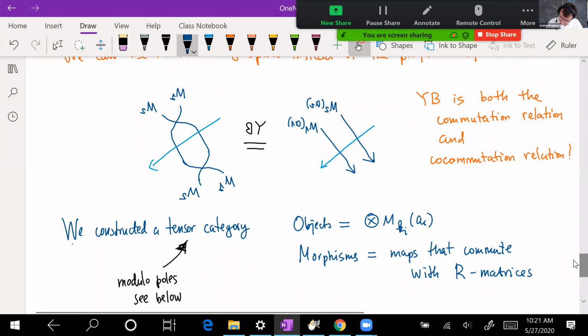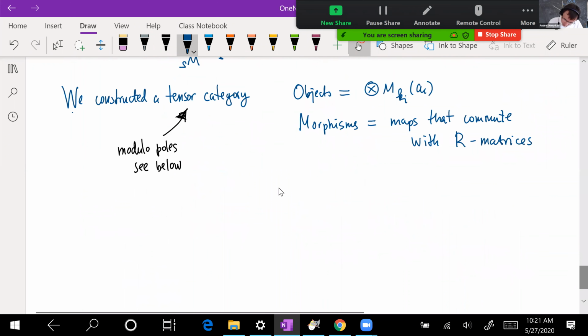Maybe schematically the way to think about it. So if I have a morphism, you can think of some sort of black box.